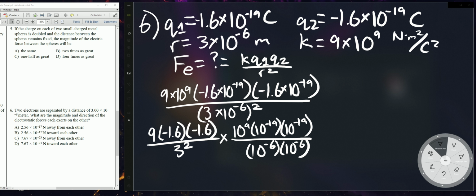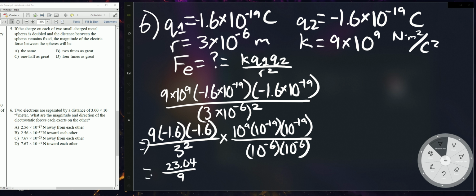This square means you're multiplying this number by itself twice. So this is going to give you 23.04 divided by 9.